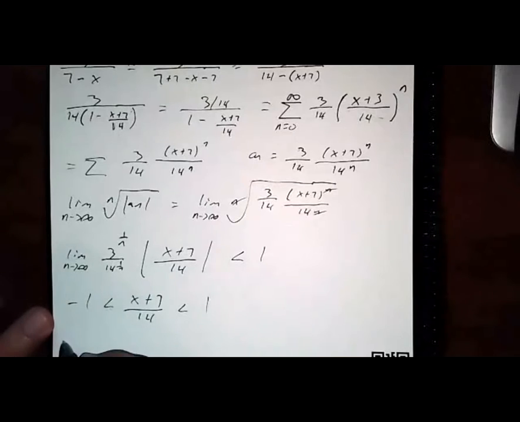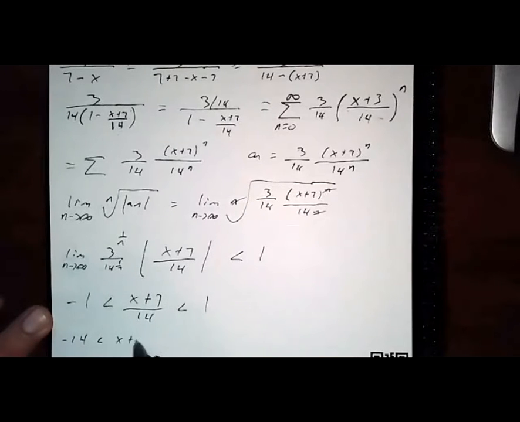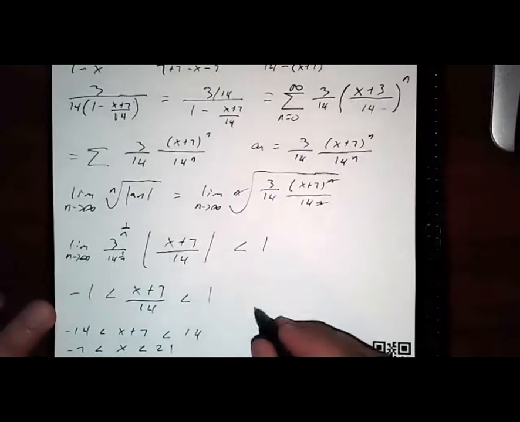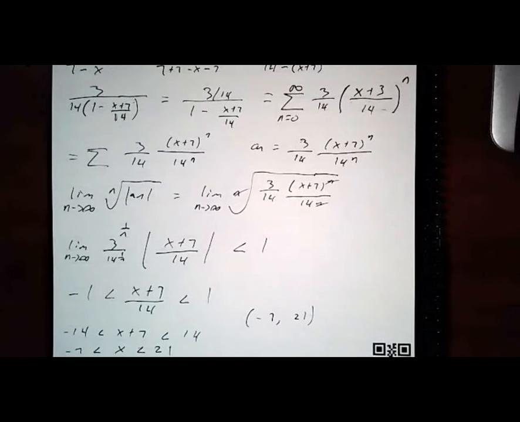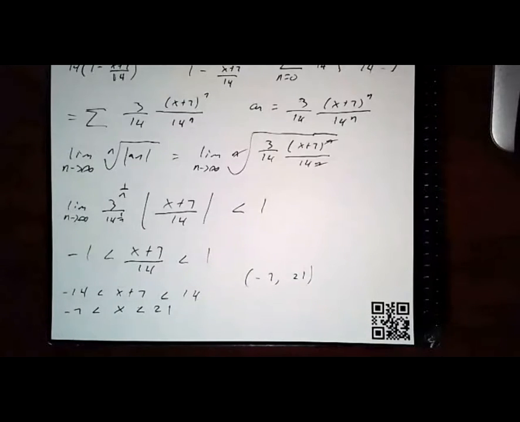Solve for x. Add 7 and you get the interval should be -7 to 21. Oh, I think you added 7 instead of subtracting it.